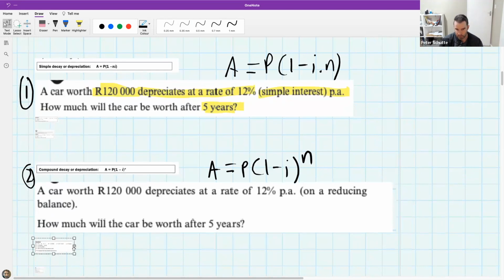Think about, in this case, the P value would be the big value that you start with, and the A value would be the lesser value, the value that is smaller because it's lost value for later.